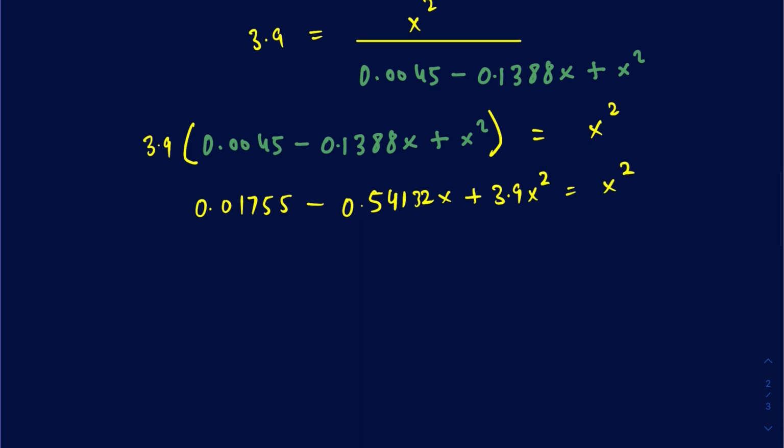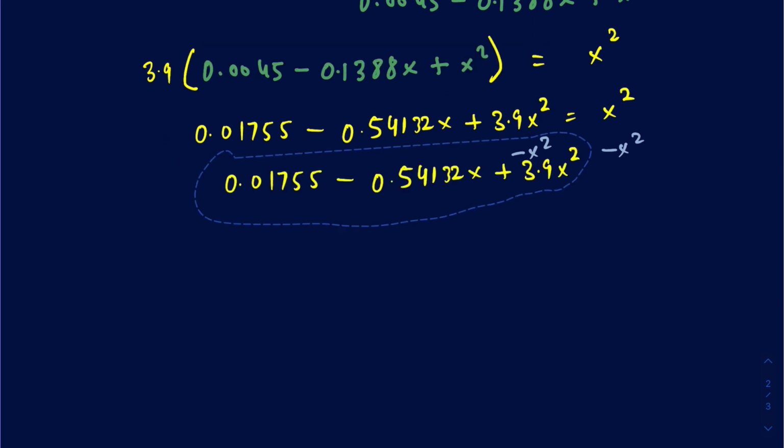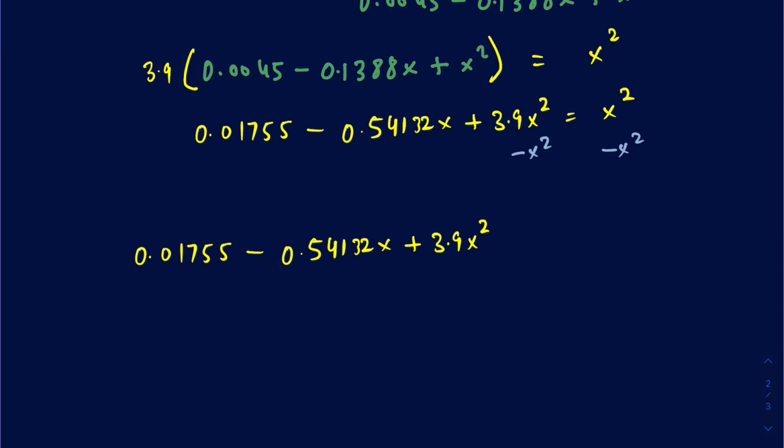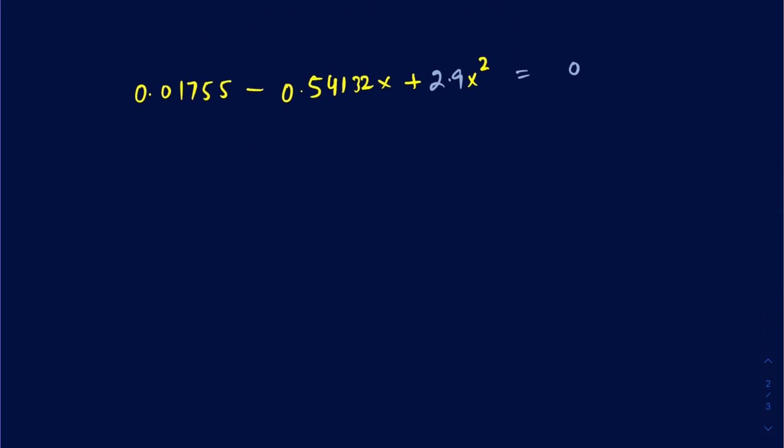I can subtract both sides by x squared. So when I do so, I'll get this right here, but not 3.9, but rather now 2.9, and that's going to be equal to 0. So this becomes a quadratic, and if I want to go and rearrange it, I'll write it this way.